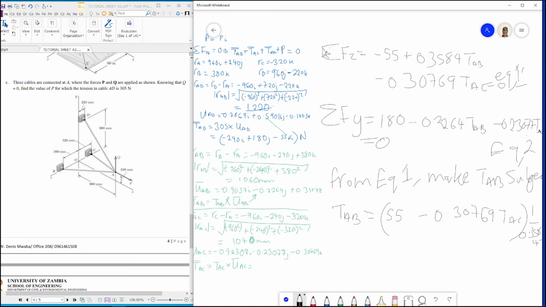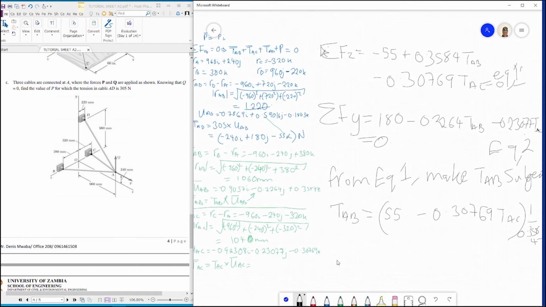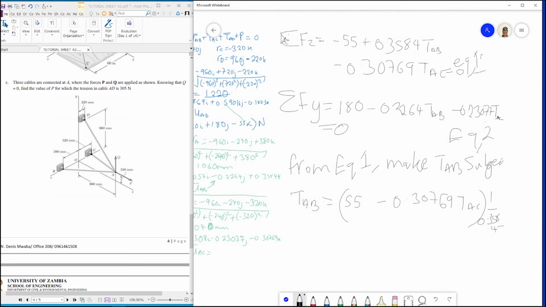So if you do that, you have something like 55 divided by 0.3584.